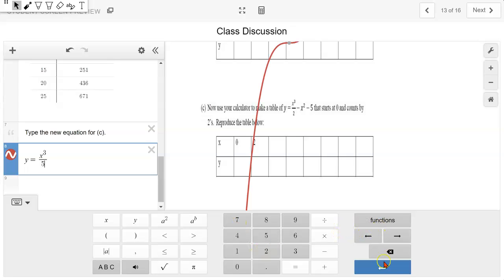Oops, sorry, it should be 2, not 5. And then arrow to the right so that you could type minus x squared. So again, this is x, this is squared, and then minus 5.